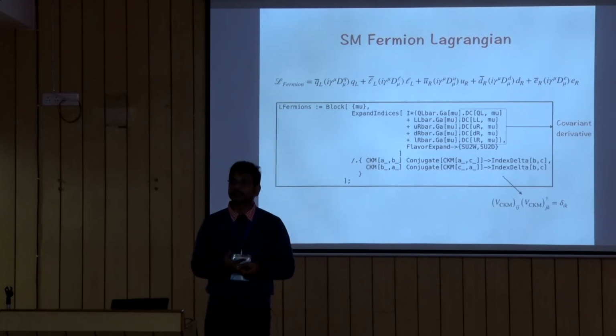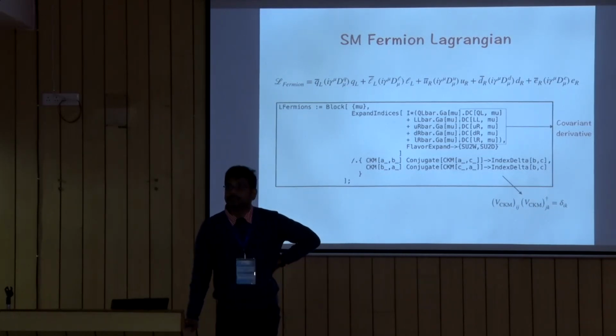Also, we are defining the indices at the beginning. Exactly. And while writing the Lagrangian part wise, can we redefine or rename the indices in the local scope? You can do it, but then you have to unnecessarily change the whole standard model Lagrangian.